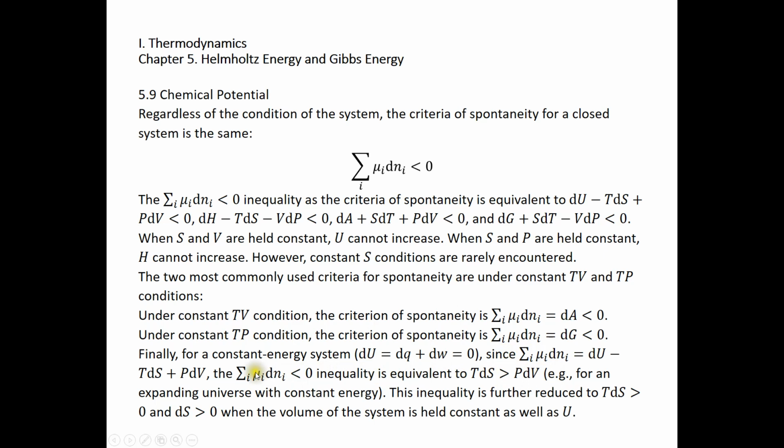For example, if we have an expanding universe, and let's assume the energy of the universe is a constant, then we have TdS must be greater than PdV, and dV is greater than 0. Therefore, TdS is greater than 0. This inequality can be further reduced to TdS greater than 0, or dS is greater than 0, if the volume of the system is held constant as well as U.